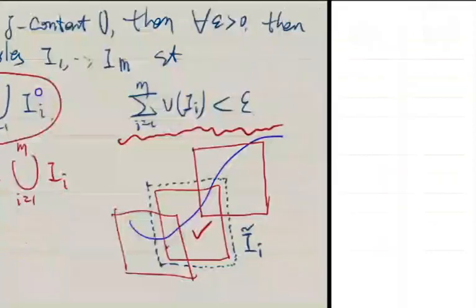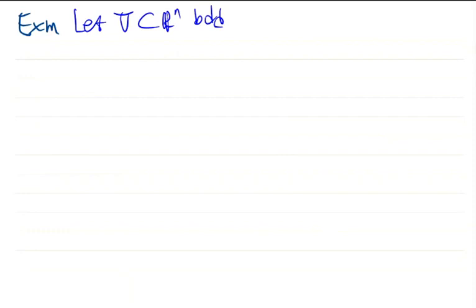Okay, now we consider an example. Let U be a bounded and closed subset of R^n, and f a continuous function defined over U. So f is an n-variable function.